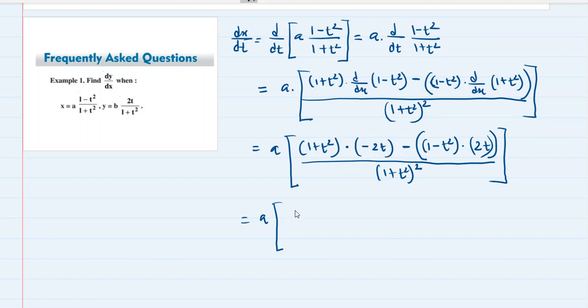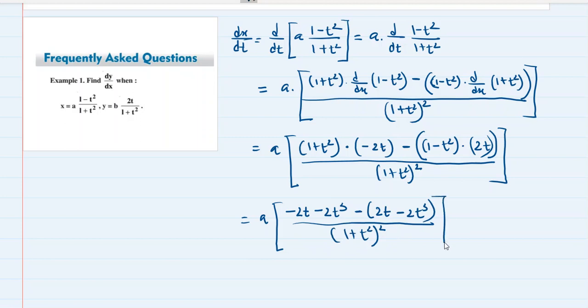So here you will get minus 2t minus 2t cube, and here you will get 2t minus 2t cube, the whole upon 1 plus t square the whole square.